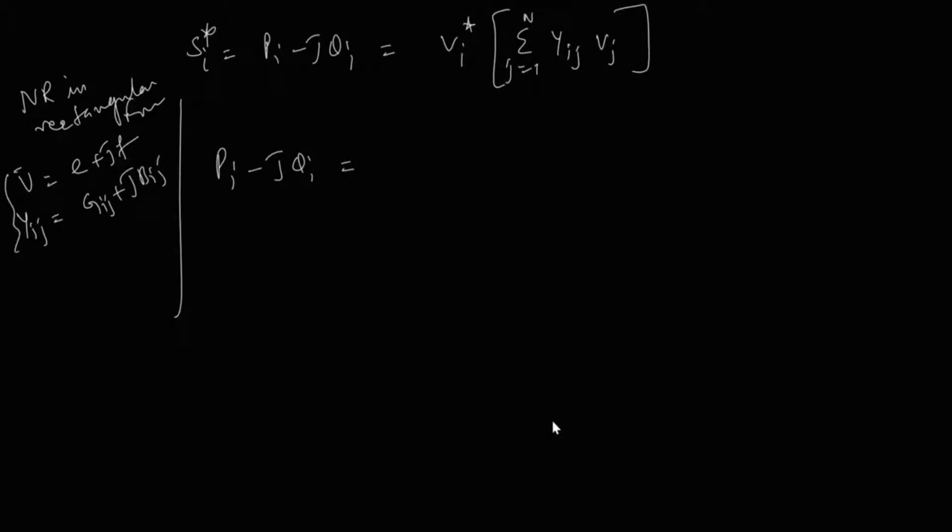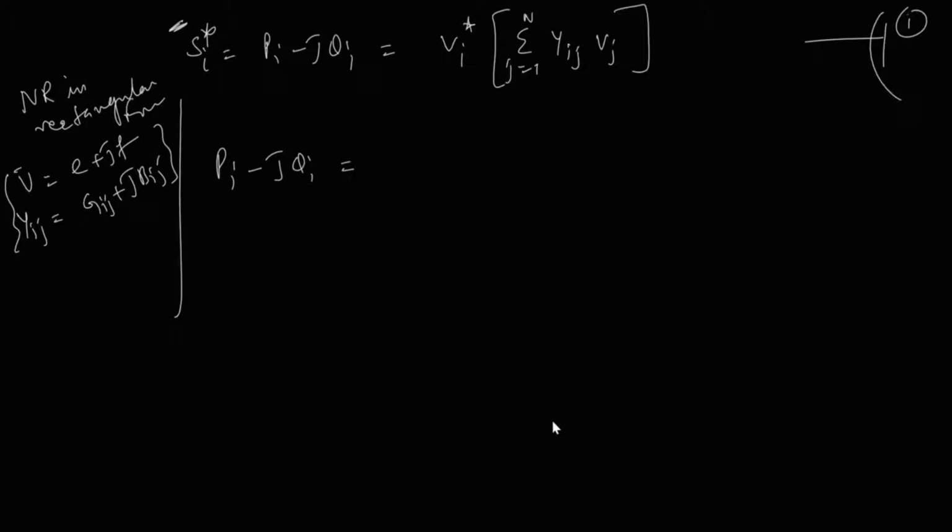So this is what we have to substitute in these equations. Okay, so I am writing this complex equation at only one particular bus, that is the ith bus, where i can be varying.